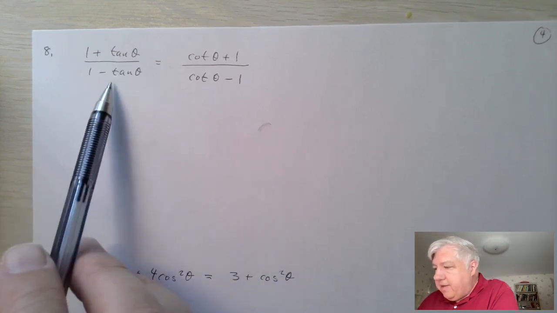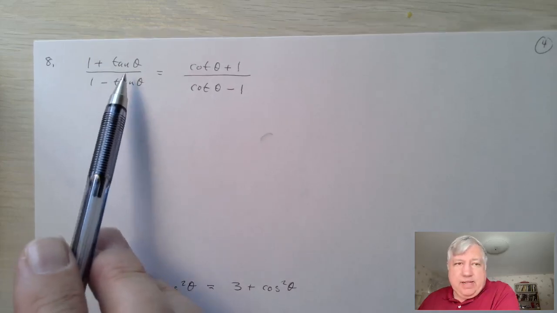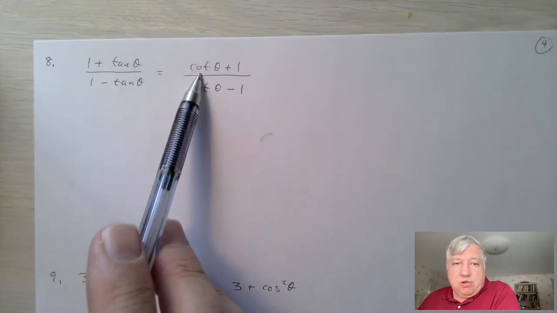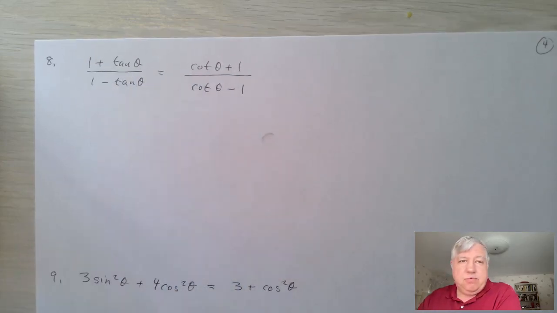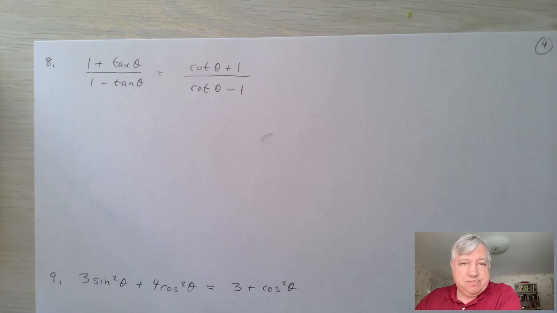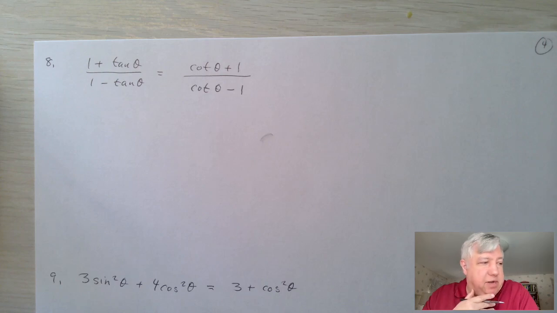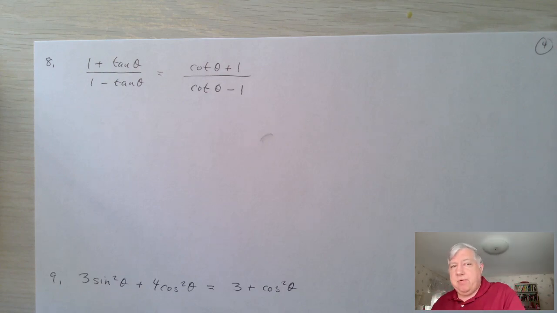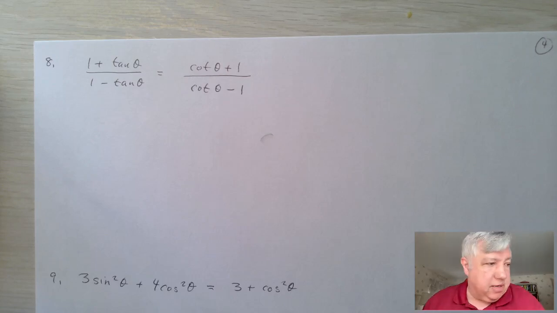And the thing here is there's no nice identity directly relating the tangent to the cotangent other than they're reciprocals of each other. Well, let's see if we can do this with breaking everything into sines and cosines.